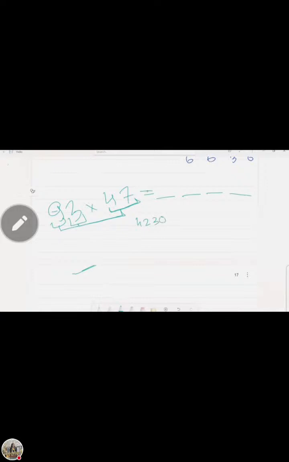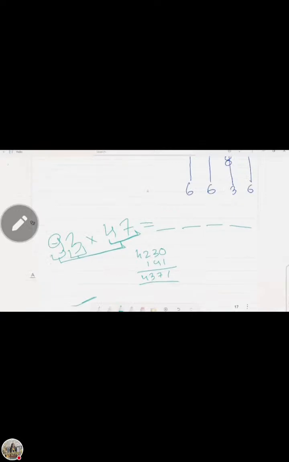Then 3 multiplied by 4 is 12. 3 multiplied by 7 is 21. So 120 plus 21 is how much? 141. Your answer will be 4371. Okay? Okay, ma'am.